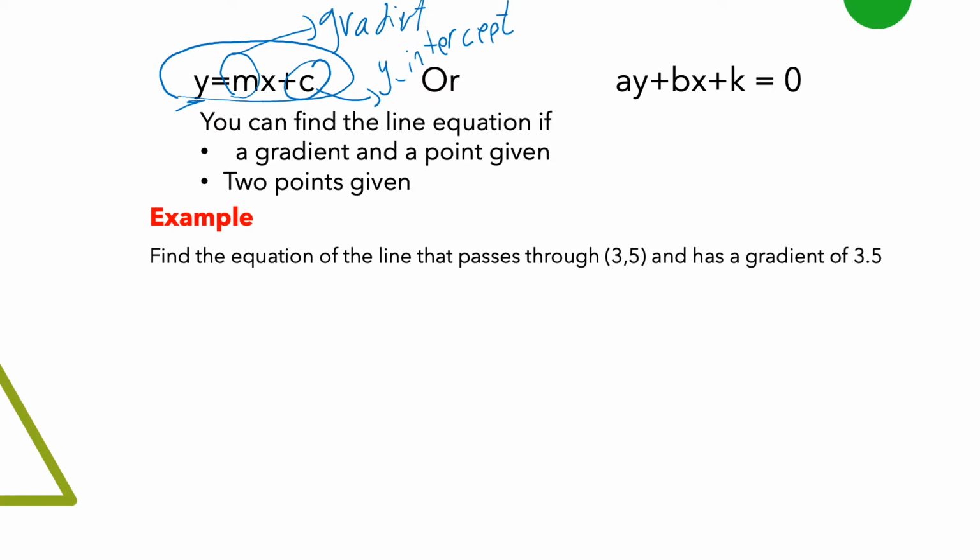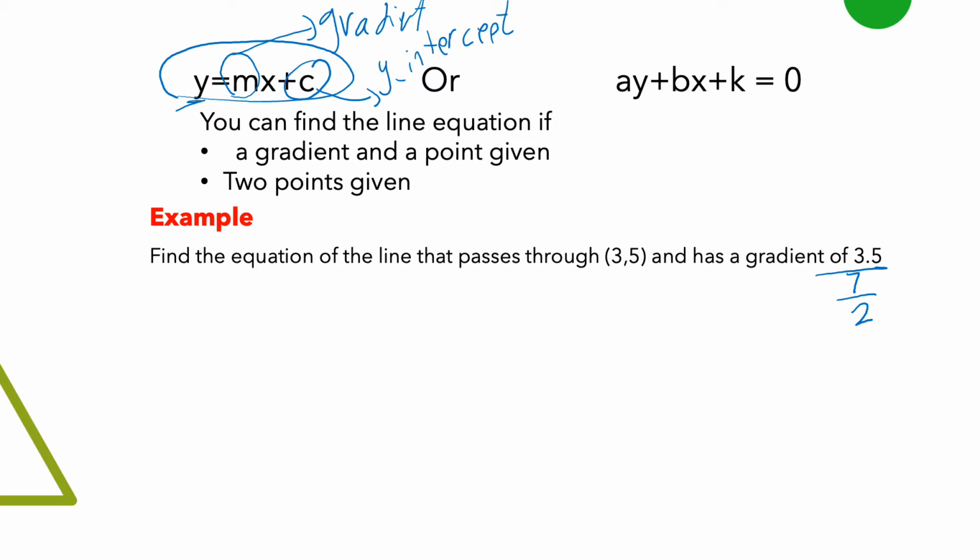So for example, here you've got: find the equation of the line that passes through (3, 5) and has a gradient of 3.5. Always when you use gradient, try to rewrite the gradient as a fraction. So 3.5 means 7/2.